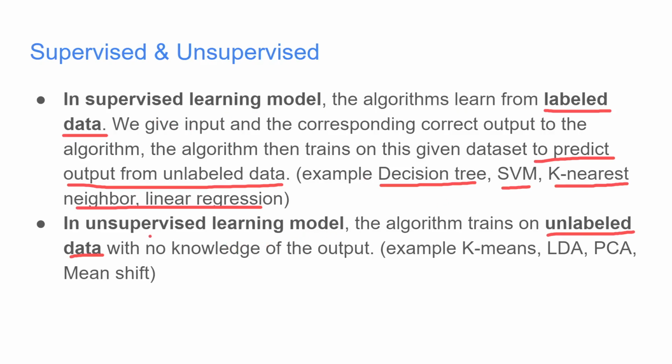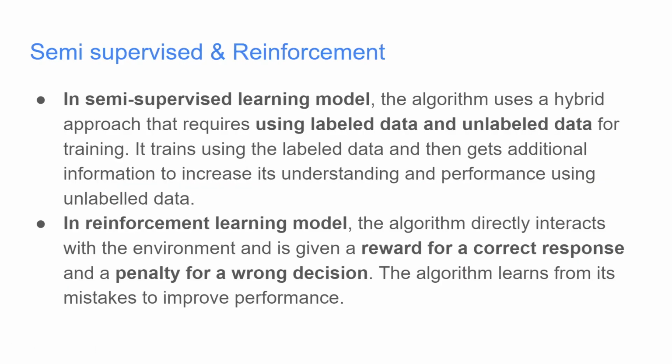The examples of unsupervised machine learning algorithms are k-means, LDA, PCA, and the mean shift. So these are some of the examples of unsupervised machine learning algorithms. Then when it comes to semi-supervised and reinforcement, in the semi-supervised learning model, the algorithm uses a hybrid approach that requires using labeled data and unlabeled data.